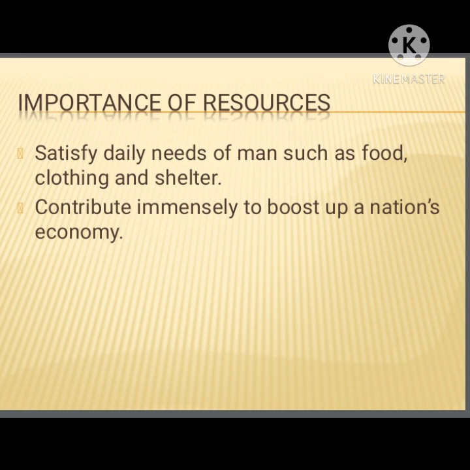Second point, natural resources also contribute immensely to boost our national economy. One nation's economy totally depends on the resources alone. If the nation has enough resources, that country will be considered rich. So natural resources describe the nation's economy.